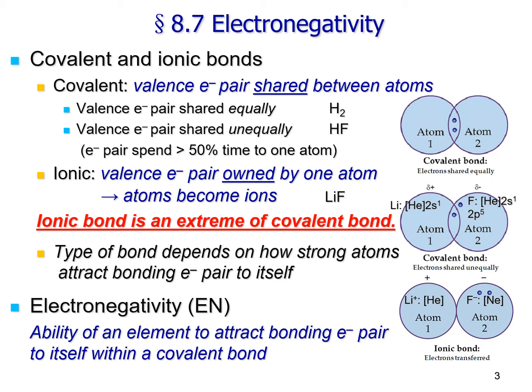That means when 2 atoms start forming a bond, it's always going to be a covalent bond first. Depending on how strongly that atom attracts the bonding pair from a covalent bond, it could be an ionic bond as a result. Just like the statement we said, an ionic bond is an extreme of a covalent bond.